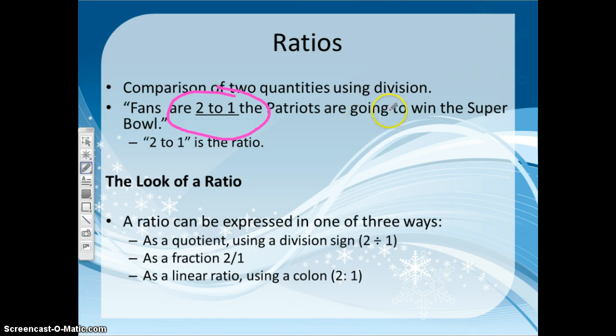A ratio can be expressed like that, 2-1. It can also be expressed as a fraction, 2-1. And that line right there just means division. You can also express it as linear with a little colon there, 2-1.